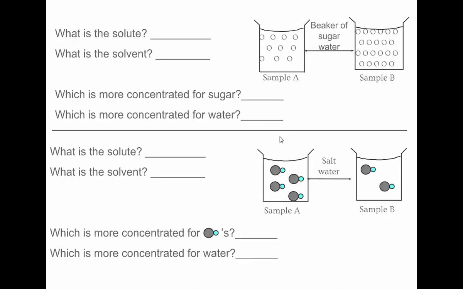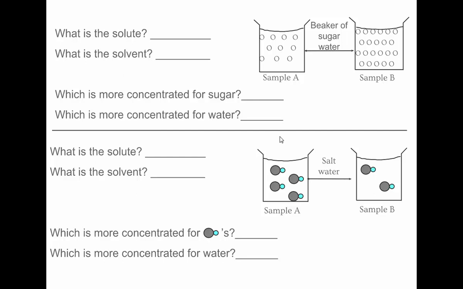So let's look at some examples. Here I have 2 samples of sugar water. Now if you add some sugar to water, it will dissolve just like salt would. So if we're thinking about this sugar water, raise your hand if you could tell me, what is the solute? Mia?